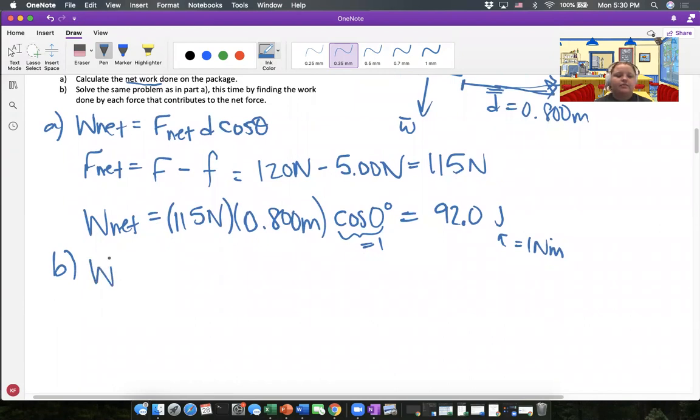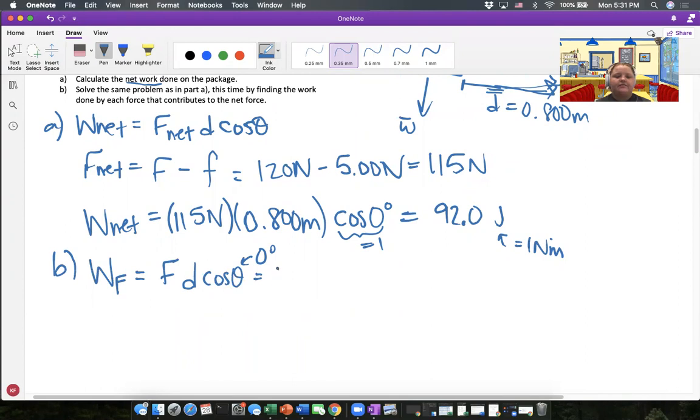So the work of the applied force is going to be my force times my displacement times the cosine of theta. And again, theta is 0 degrees because it's pointed in the same direction.